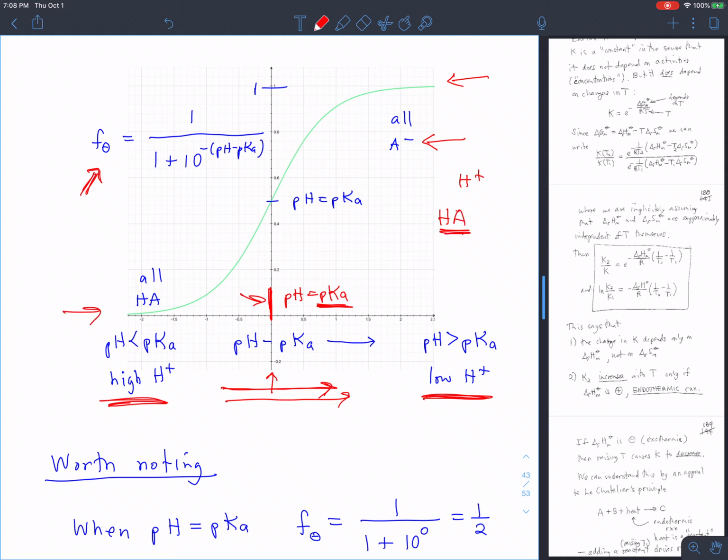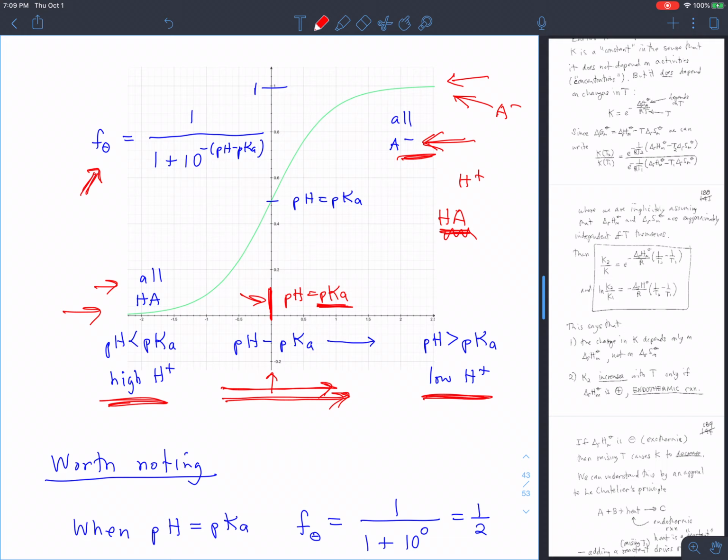That's what's happening down here. In fact, it's all HA. Up here, where there's very little H plus in solution, it's all in the A minus form, as you would expect. So as the pH rises, we're becoming more and more basic, and we're deprotonating the acid, and so you get a lot more A minus.